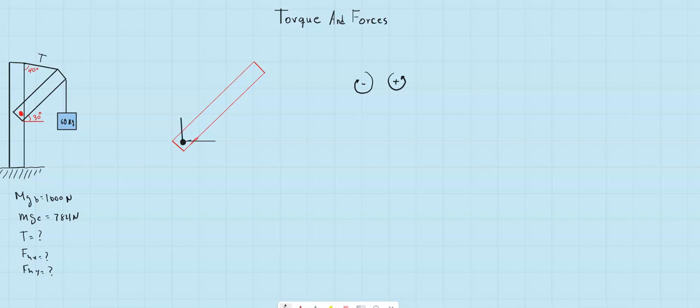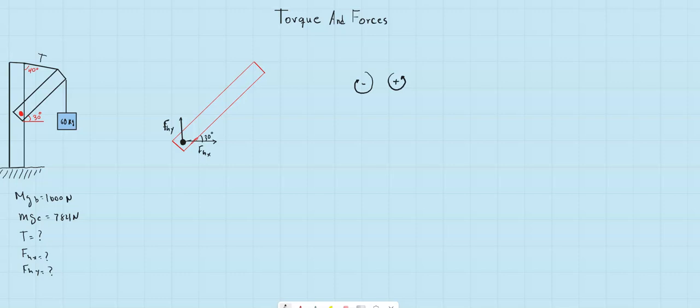We want to write this one as F_H of y, and this one is going to be our F_H of x, right? And they also tell us that the angle this makes is 30 degrees.